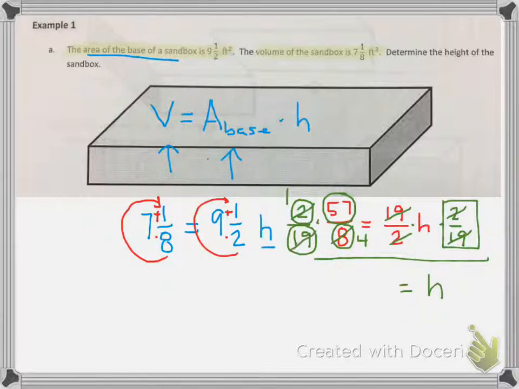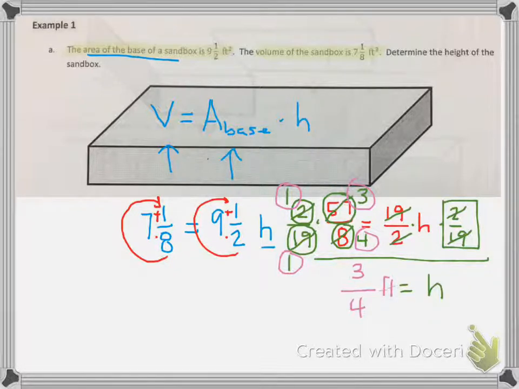So 19 divided by 19 is 1, and 57 divided by 19 is 3. So my answer here is 1 times 3, that's 3, over 1 times 4, that's 4. So my answer is the height is 3/4 of 1 foot.